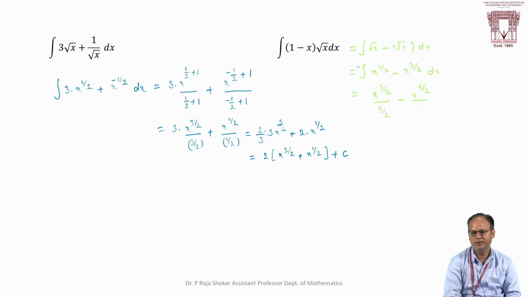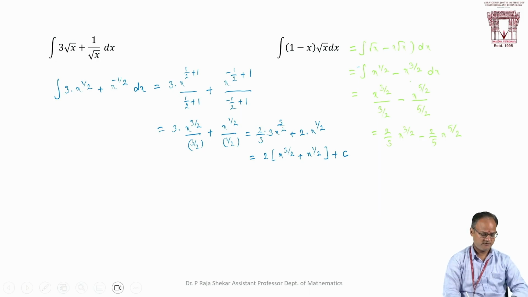So x to the power 5 by 2 divided by 5 by 2. Or you may write this as 2 by 3 into x to the power 3 by 2 minus 2 by 5 into x to the power 5 by 2. So we have used the same formula, integration of x to the power n. Here n being 1 by 2 and here n being 3 by 2.